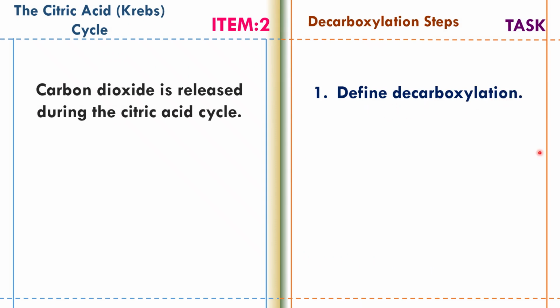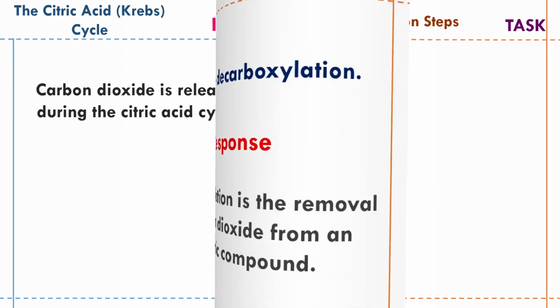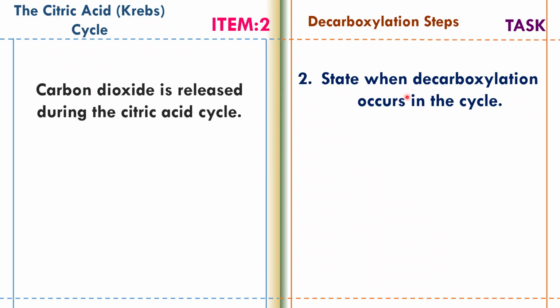Define decarboxylation. Decarboxylation is the removal of carbon dioxide from an organic compound. State when decarboxylation occurs in the cycle.